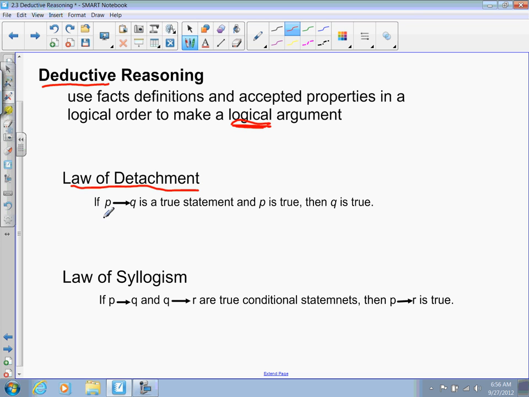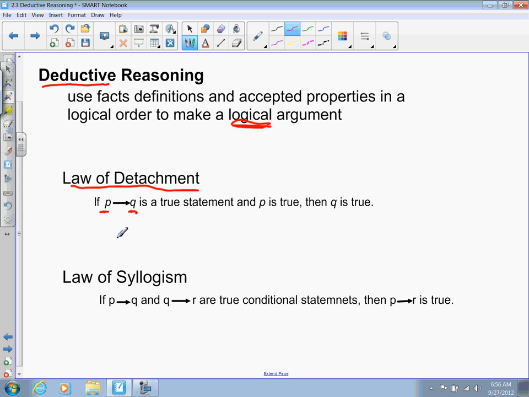If your hypothesis is true, then that implies your conclusion is true. If that is a true statement, then if P is true, then Q is true. If you think about example 2, if today is Monday, then we have school. So P is your hypothesis. If P is true, then we have school. That's the law of detachment.